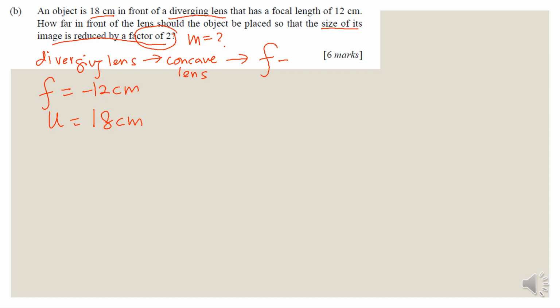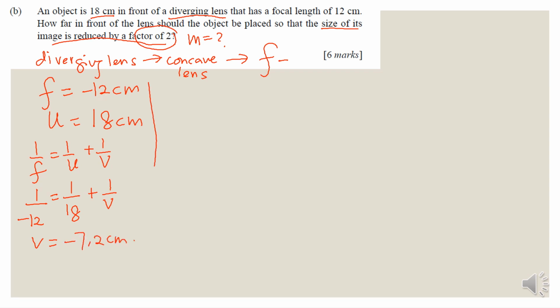Okay, so kita gunalah 1 over F equal to 1 over U plus 1 over V untuk cari V. Okay, kita ada U, kita ada V. So, kita boleh cari magnification dia nanti. Okay, so ni negative 12. U is 18. So, V awak akan dapat negative 7.2 cm.